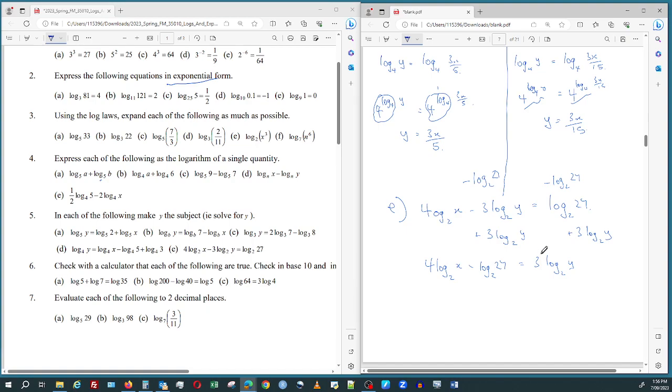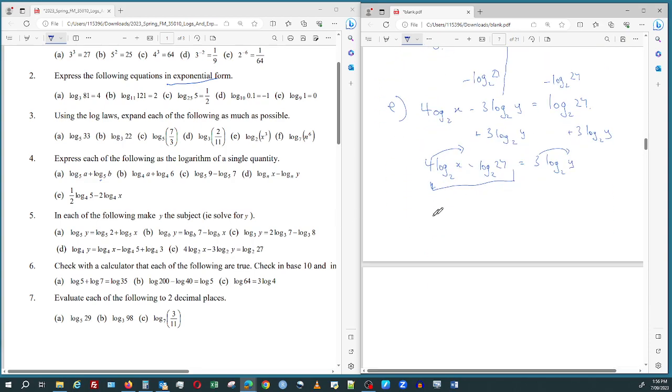Now we need to move this power over, and we also need to move this power over, and then process the minus. So we can take the steps to do that. We'll get log base 2 of x to the power 4 minus log base 2 of 27 equals log base 2 of y squared.